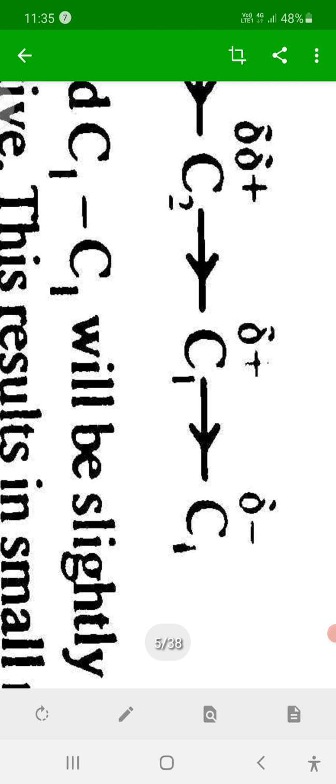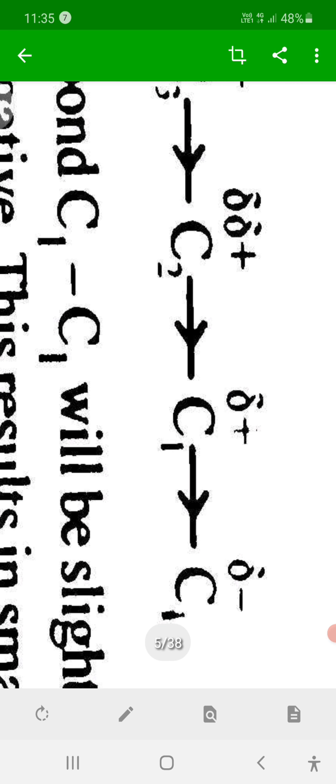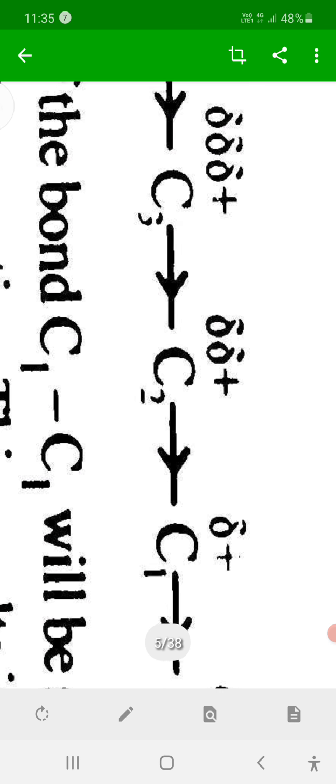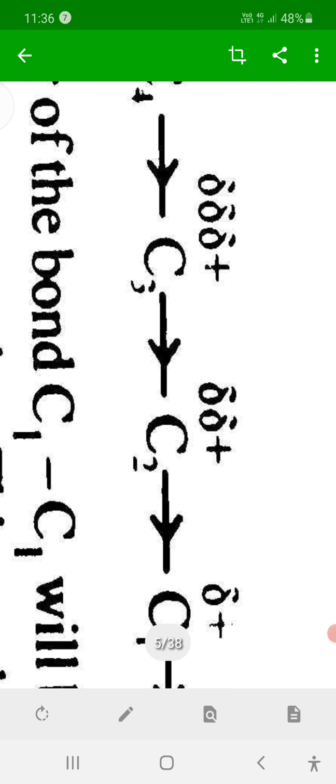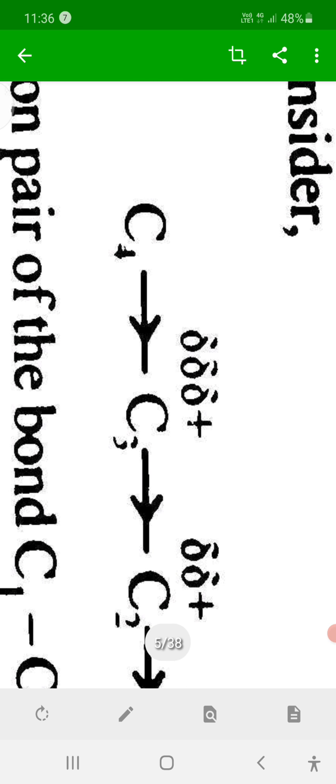This must be considered Cl. Then it pulls electrons from the C1 carbon. The C1 carbon becomes partially electron deficient. Because of the deficiency, the positive charge of the nucleus of C1 increases, then it pulls electrons from C2. C2 becomes deficient, therefore it pulls electrons from C3. C3 becomes deficient, it pulls electrons from C4.